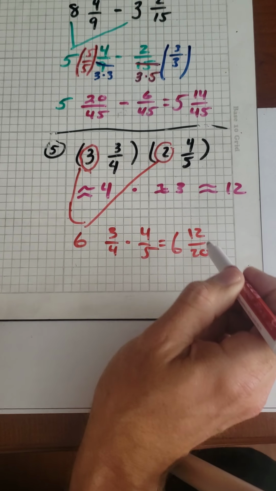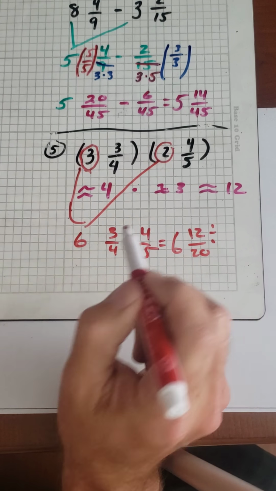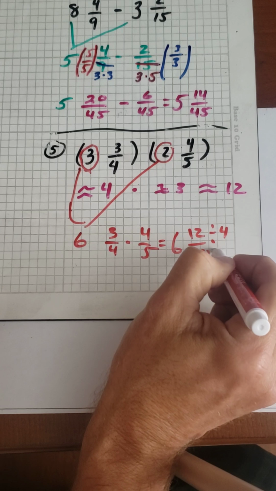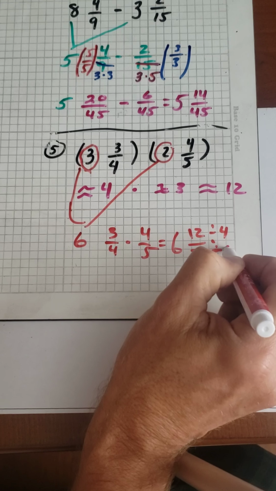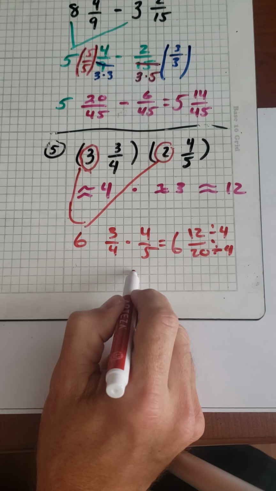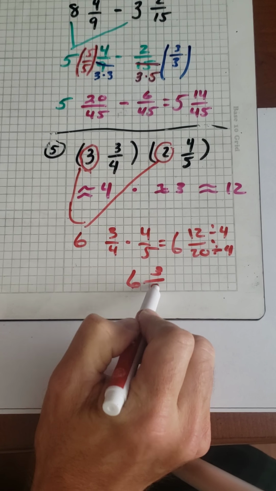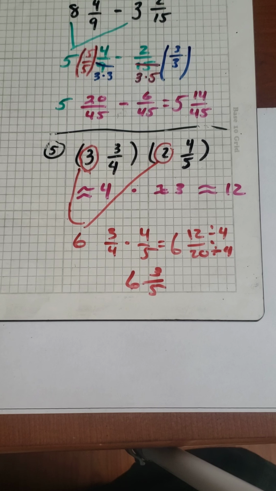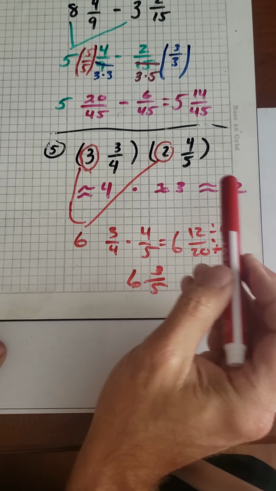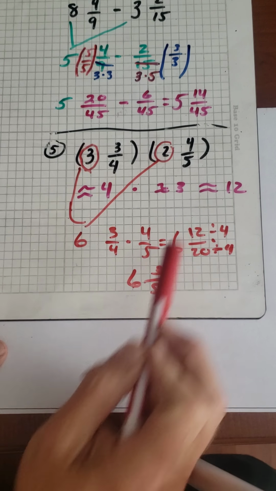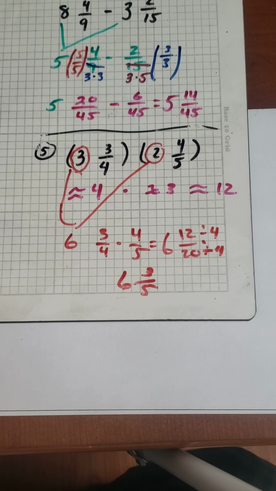And I know that 12/20 can be simplified by dividing top and bottom by 4. So I'm going to end up with 6 and 3/5. Would you say that 6 and 3/5 is pretty close to 12? It's barely over half of that. So clearly something went wrong.